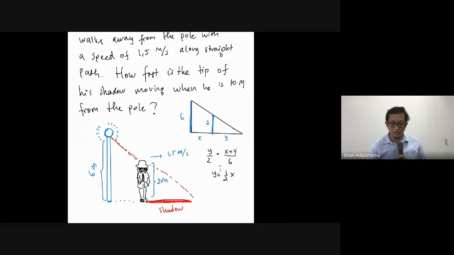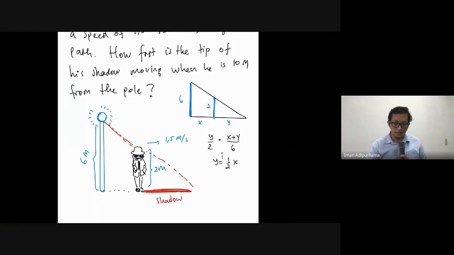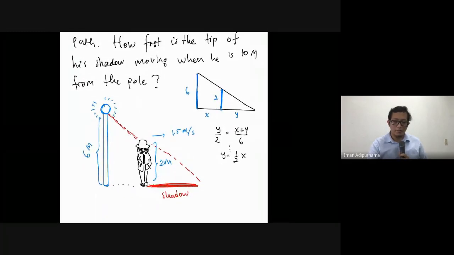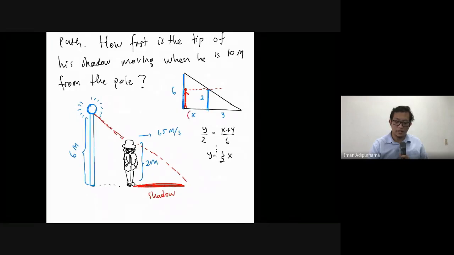And actually, what we need to find is the man is moving away from this straight line, right? And he's moving, right? So we need to calculate x and y, right?